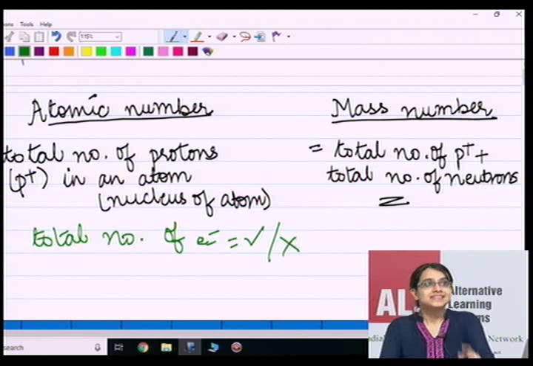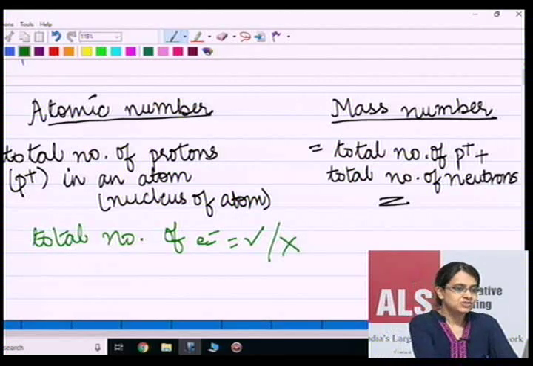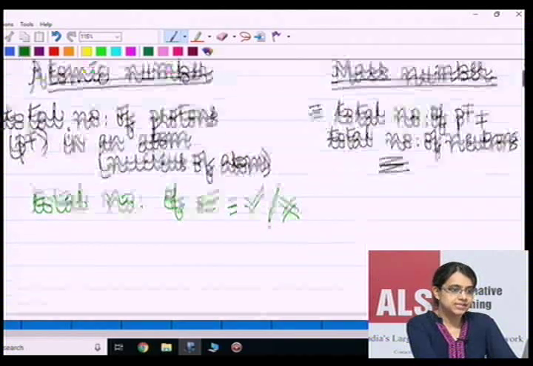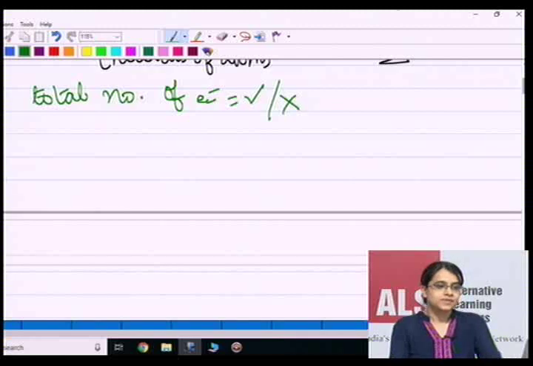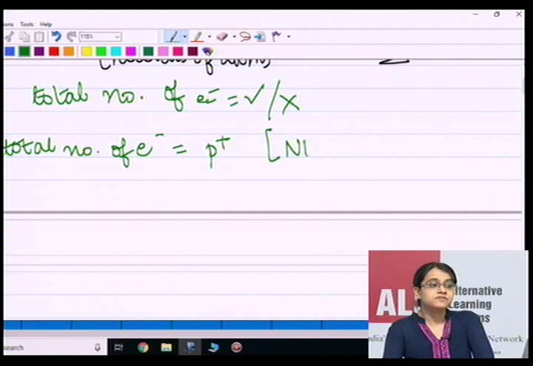This is actually correct. It was a trickier question, so no problem even for students who are confused in this. Let me just explain this to you. See, first of all, the total number of electrons is equal to the total number of protons only if we have a neutral atom.